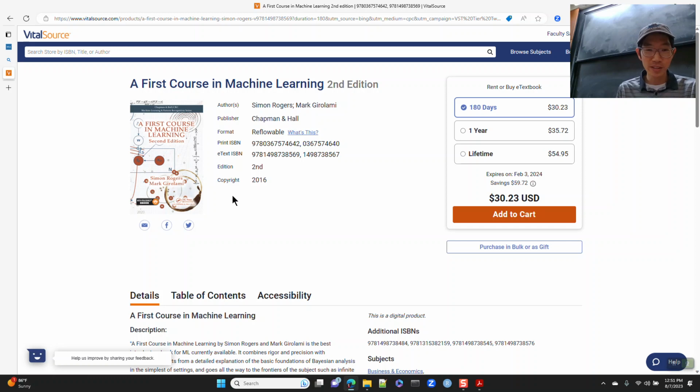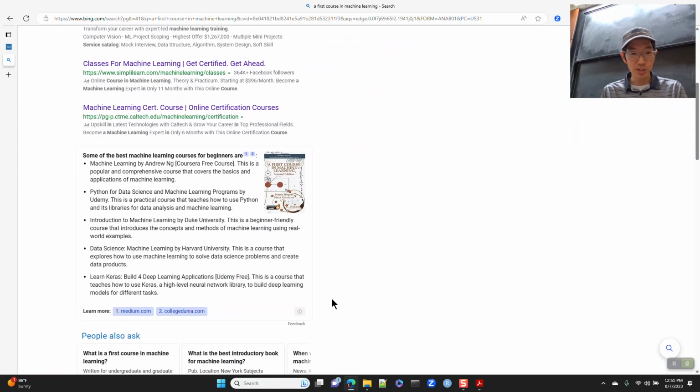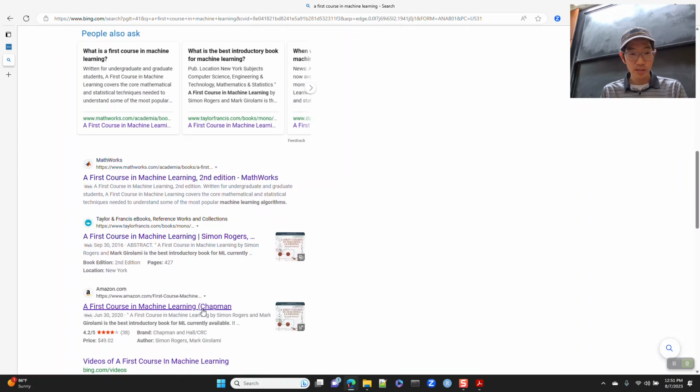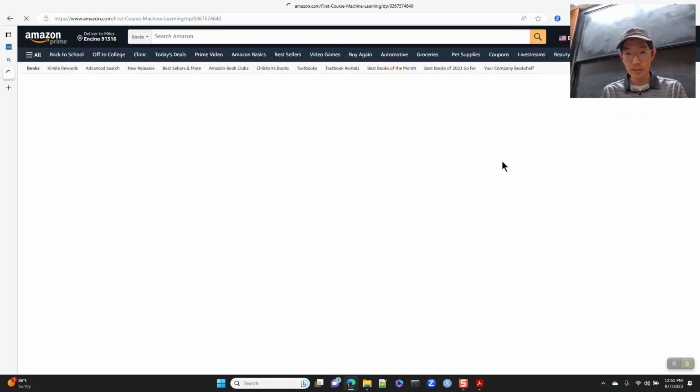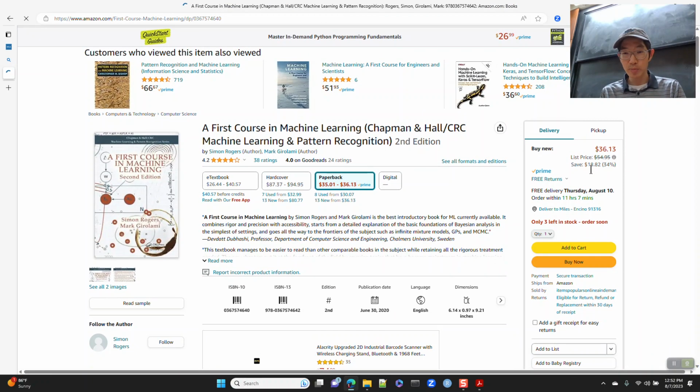So this is what it looks like, A First Course in Machine Learning. That's the digital version. How much is a paperback? Okay, paperback, $36 is reasonable.